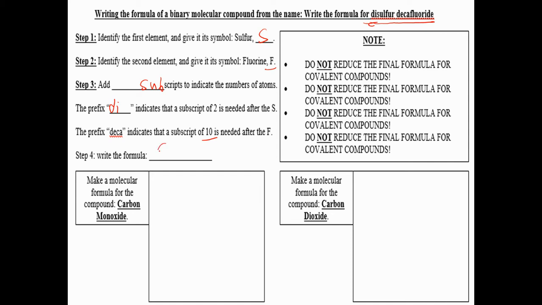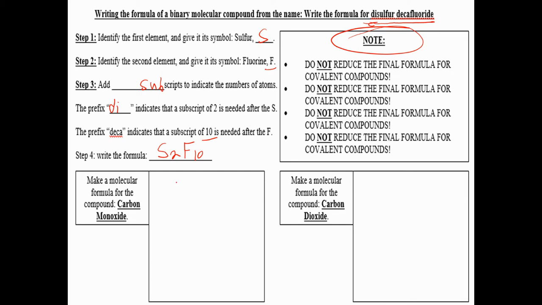So now we're going to have S2F10. Do not reduce for molecular compounds, because molecular compounds actually exist as individual molecules. You could reduce for ionic because it's the ratio, but these actually exist as individual molecules. In this individual molecule, there's 2 S's and 10 F's.